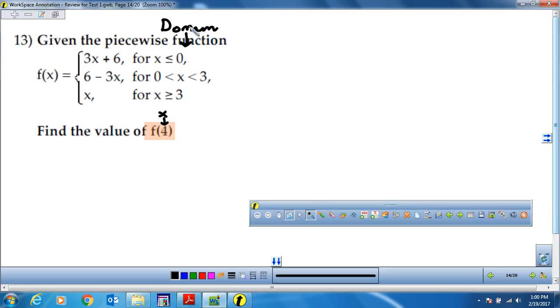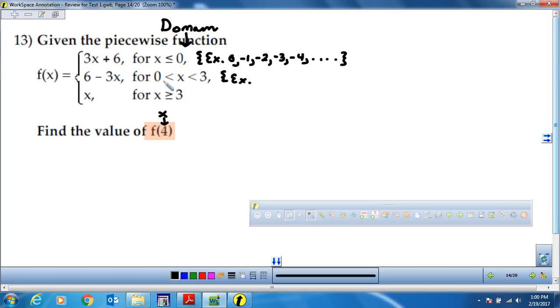So the first function tells me that equation contains any value of x that is less than or equal to 0. So some examples would be 0, -1, -2, -3, -4, and so on. All the negative values, right? This function tells me that it is including only any number between 0 and 3.